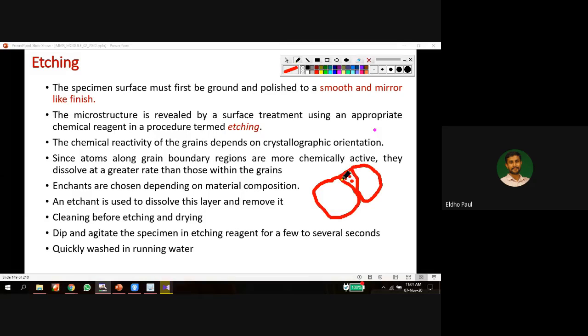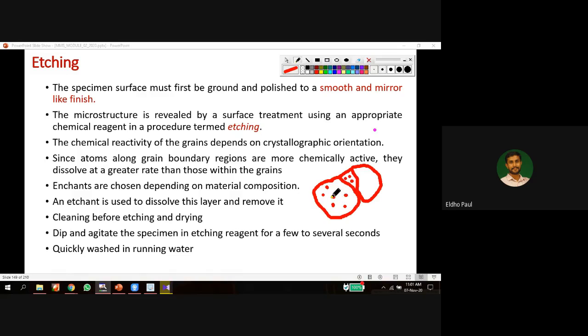The atoms in the grain boundary region react first and are more chemically active to external agents than the atoms in the interior portion of the grains, because the interior portion of the grains is perfectly bonded.